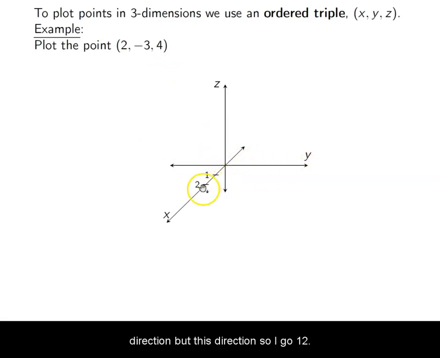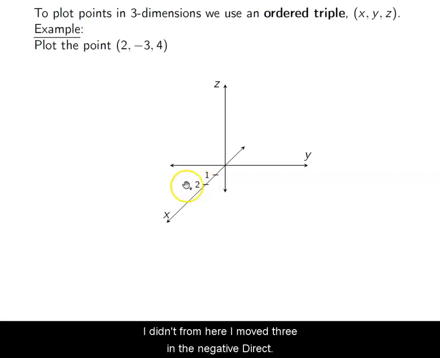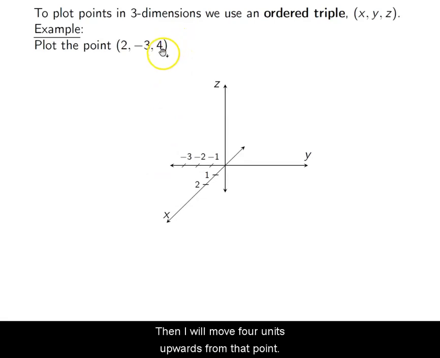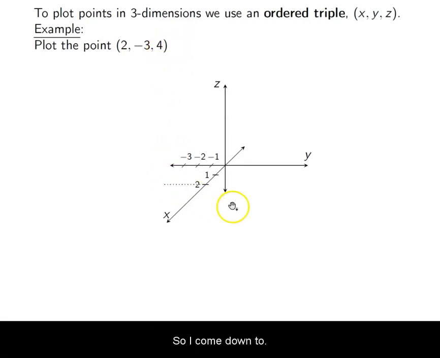I go 1, 2, 3 in the negative direction. And then I move 4 units upwards from that point. And that is my point in space.